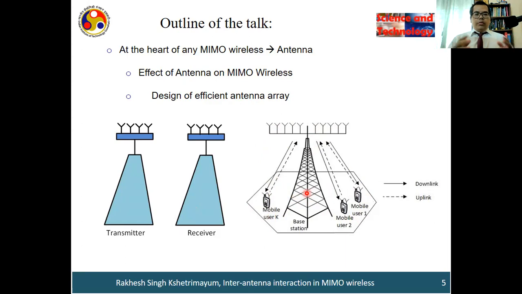Antenna is the most important part of the MIMO wireless, and you can see that it employs multiple antennas, more than one antenna. The idea is we want to see what is the effect of antenna on the MIMO wireless. We also want to design more and more efficient antenna, MIMO antenna arrays, for better MIMO wireless communications. These are some of the topics we'll be discussing in today's talk.